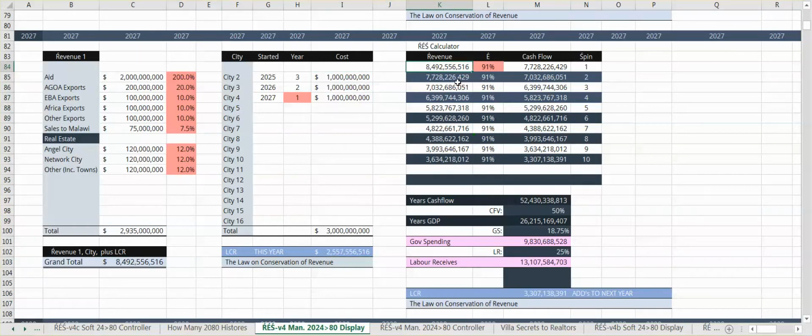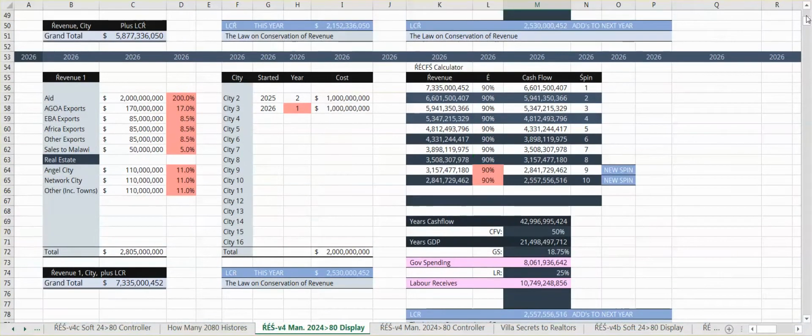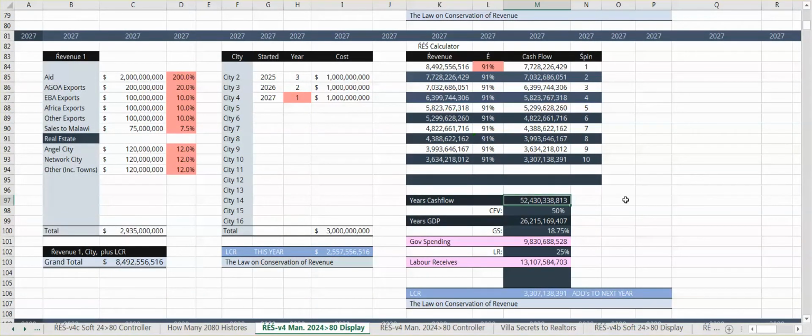Okay, revenue is up to 8.4, by which point both E and SPIN have increased. Note that E has gone up to 91 and SPIN has increased to 10. Cash flow has increased to 52 billion. It's all about cash flow. Year before, 42. Year after, 52.